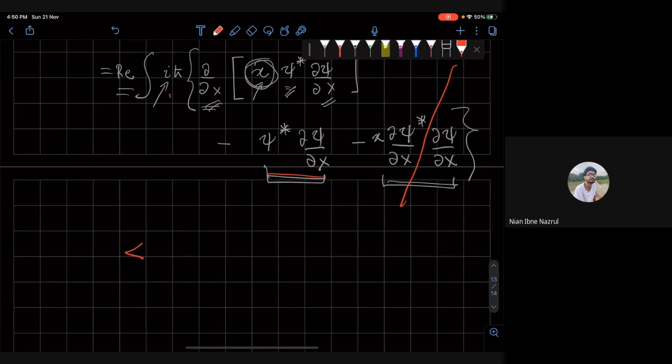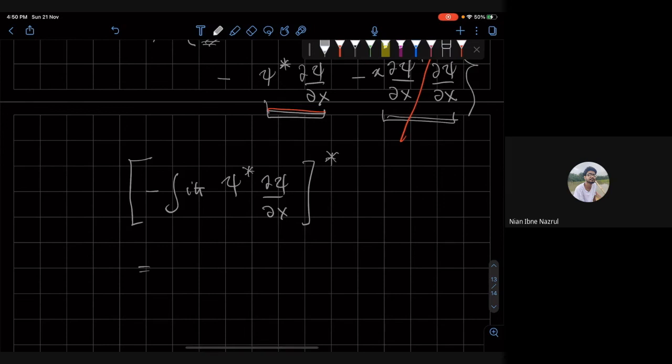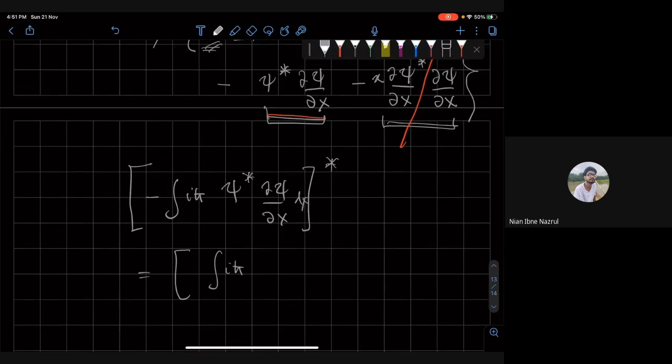So we can just write this as, and to show that, you just have to do integration by parts. Okay? So for example, I have I h bar, say there's a minus sign, and then star of d psi by dx, right? So if I take its complex conjugate, the I becomes minus I, so we have I of h bar, there's a dx here, and then psi star becomes psi, and this becomes d psi star of dx, right?